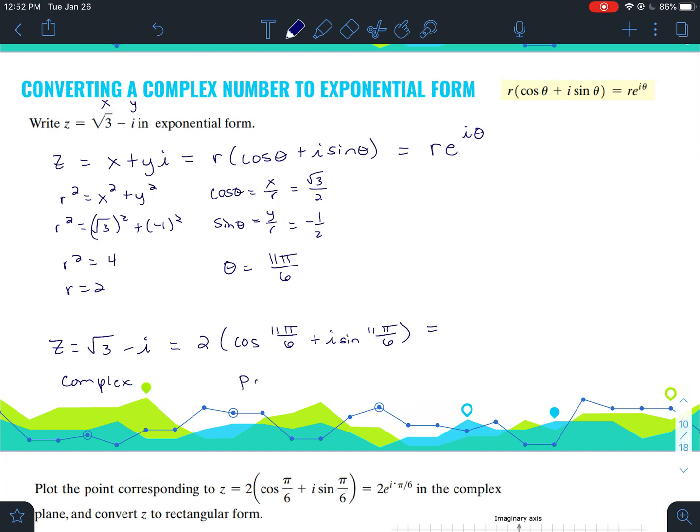And then if we want to put it into exponential form, we use the exponential formula, r, so the radius, times e to the i times theta. Well, theta was 11 pi over 6. And so we have 2e raised to the i times 11 pi over 6, and that would be that complex number in exponential form.